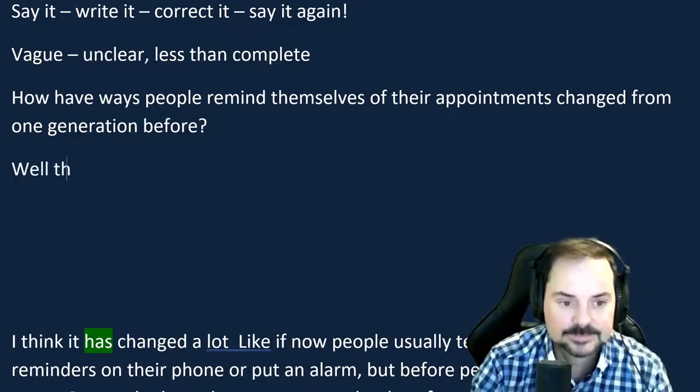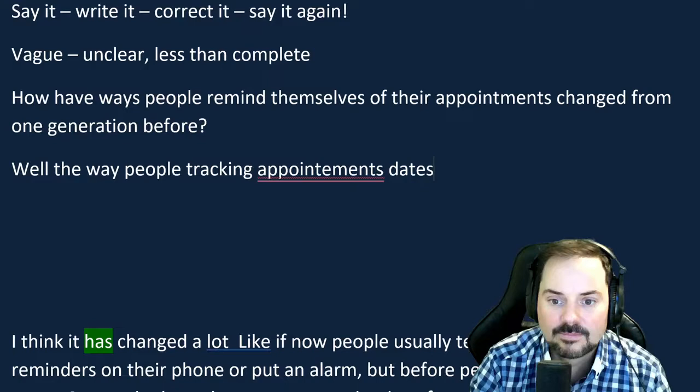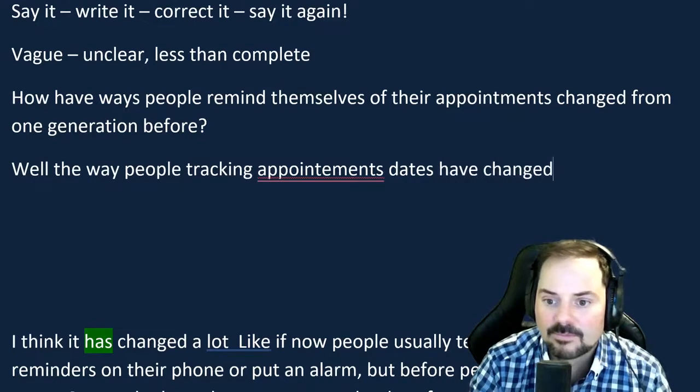Well, the way people track appointment dates has changed significantly over the past few decades. In the past, people used papers and pens to write down the date of their appointments.